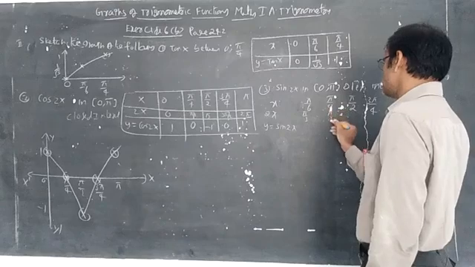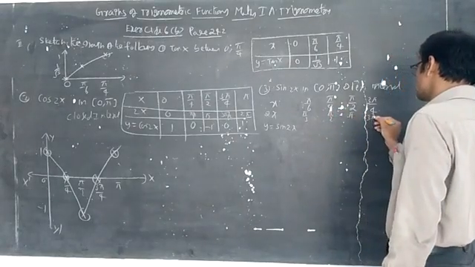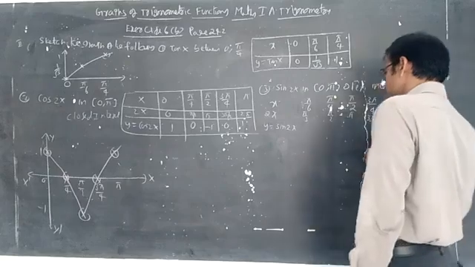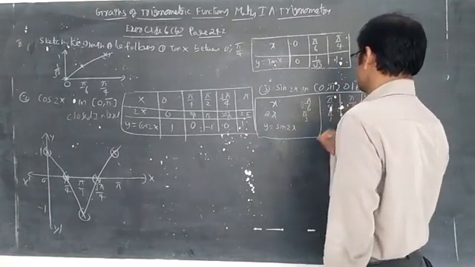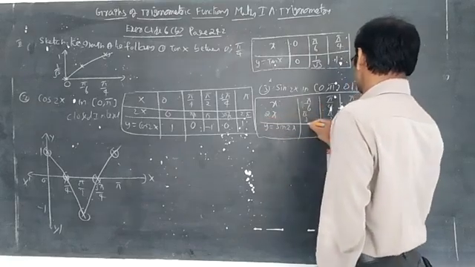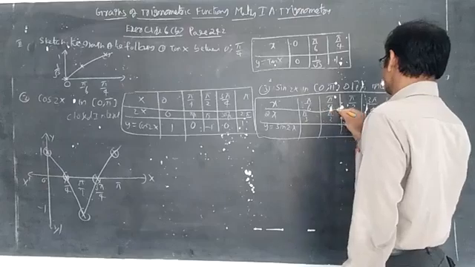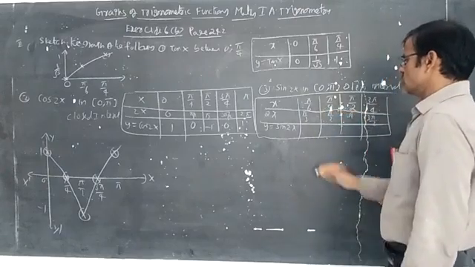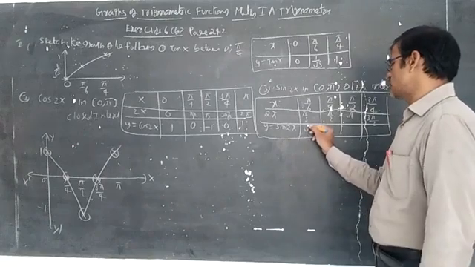this is pi by 2, this is 2 pi by 2, meaning pi, this is 3 pi by 2. Sine pi by 3, sine 60, has value root 3 by 2. Sine 90 has value 1.